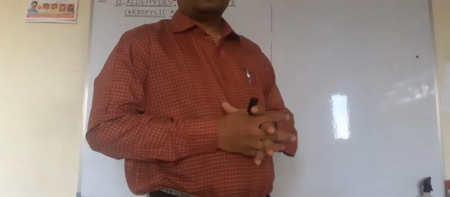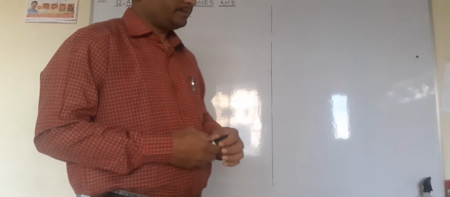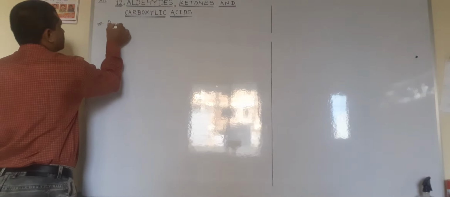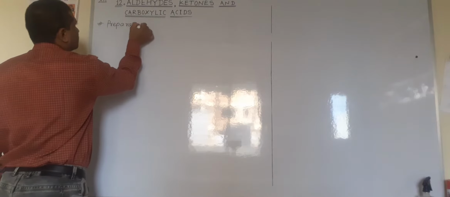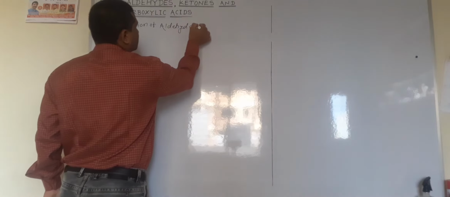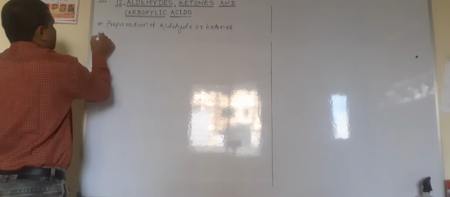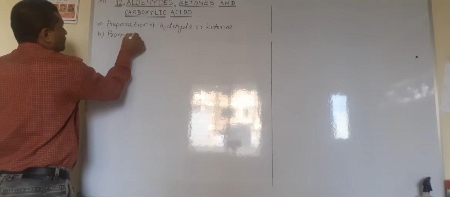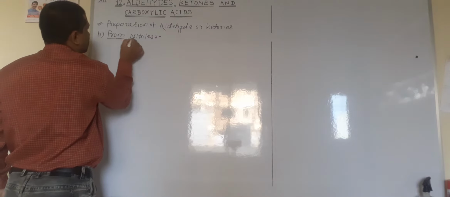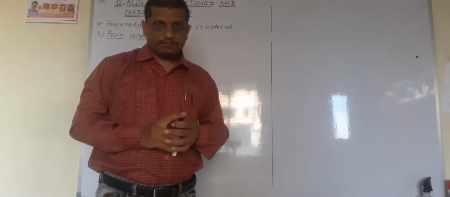Hello friends, today we start the preparation of aldehydes or ketones from nitriles. From nitriles means C≡N compounds.